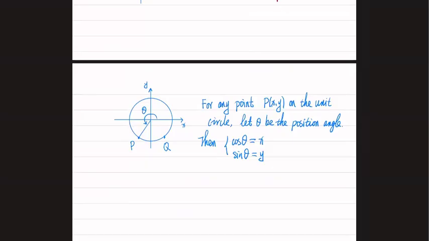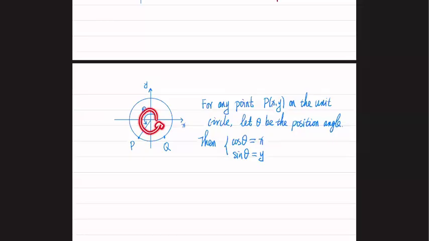When the point moves around the circle, the position angle changes. From here, it gets larger and larger. As the angle changes, the x and y coordinates change. This specifies the function. In this way, we can define cosine and sine for theta from 0 to the whole angle.